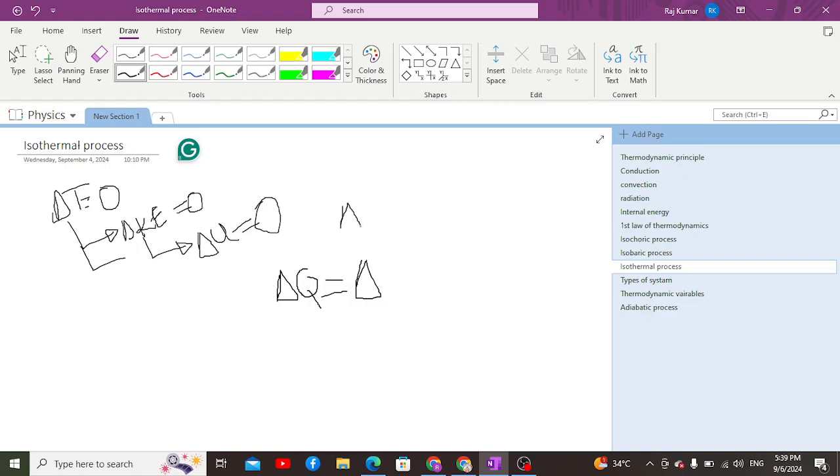We have previously studied that the heat provided, the thermal energy provided, is first converted into internal energy, and that increase or decrease in internal energy causes work to be done on or by the system.